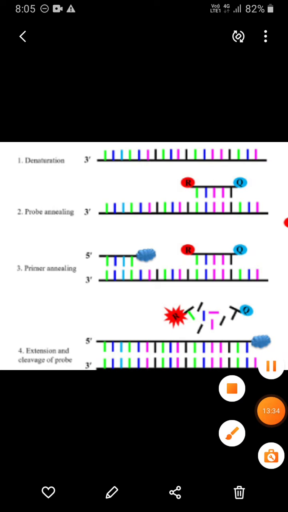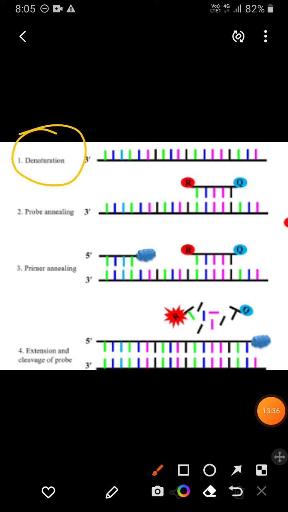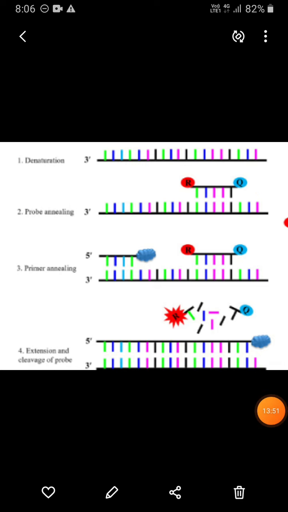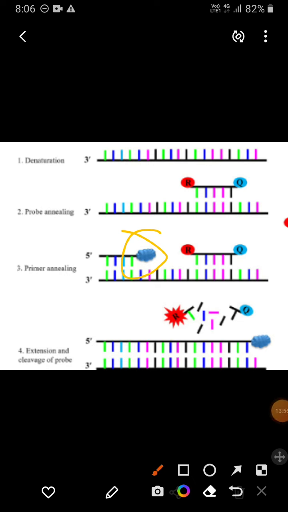So let's come here. First of all we have performed the denaturation step, that is at 93 to 95 degrees centigrade. Then during probe annealing, the probe will find our gene of interest from the DNA sample or DNA template. Now, this is the Taq DNA polymerase that we are using.